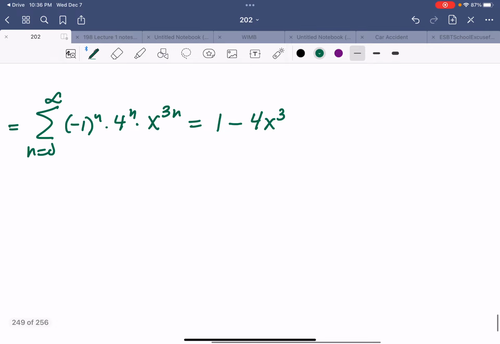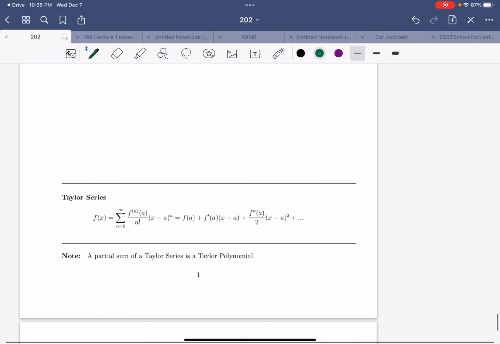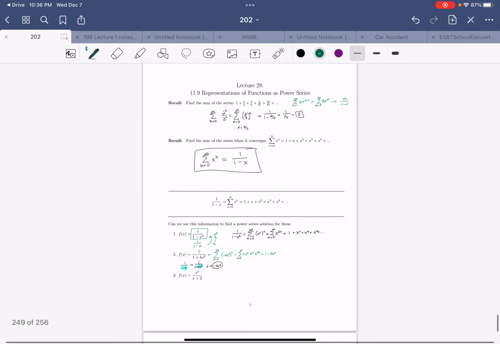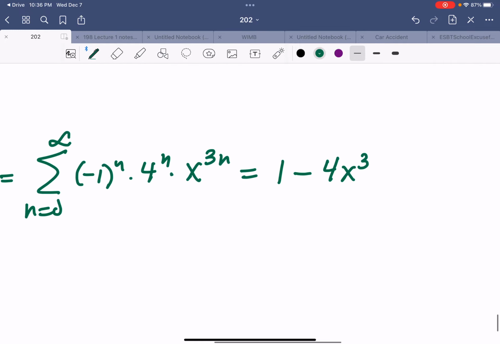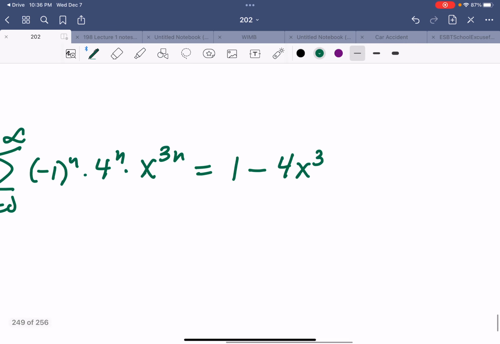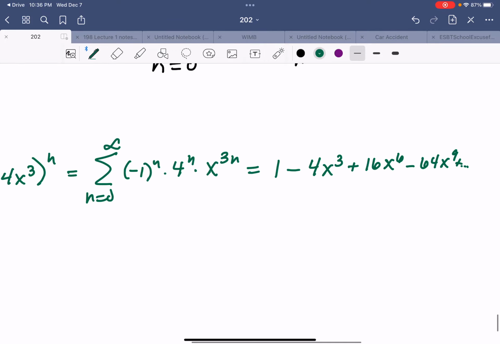And then the next term, when I plug in 2, is plus 16 x to the 6th. And one more term, minus 64 x to the 9th, and so on and so forth. Okay, so we can write out the series that way.